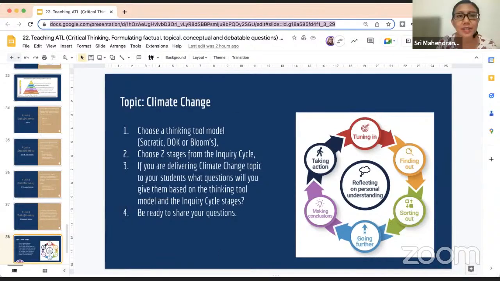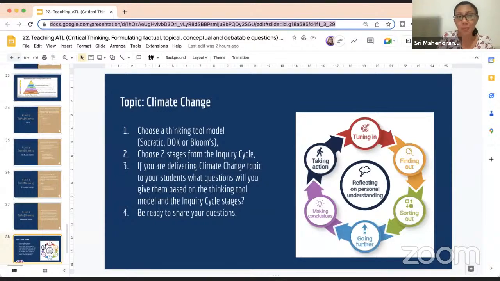Can I ask a question? Sure, Miss. Okay. Thank you for sharing. My name is Sri Mahendrani and I'm from Bali Island School, from Bali. I think this is a great session because it's a new thing for me, because usually I'm a language acquisition teacher. And as you said, ATL skills can be implemented in any kind of subject, right? I'm also trying to implement the ATL skills, making them more explicit through my language teaching.